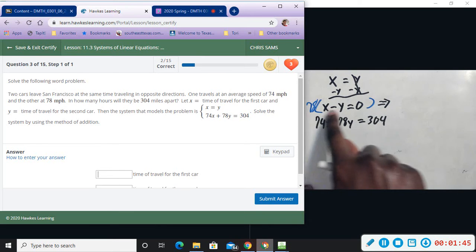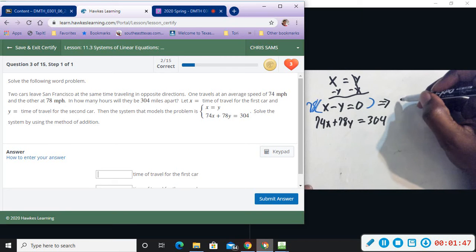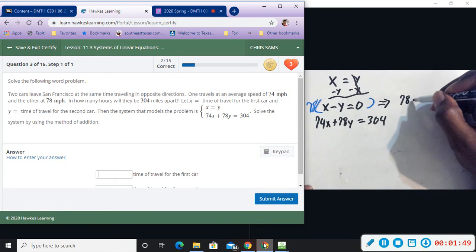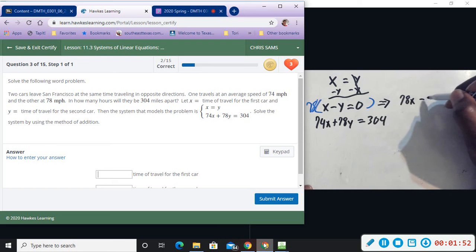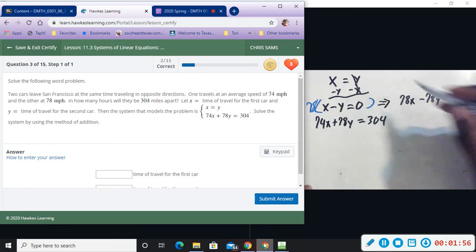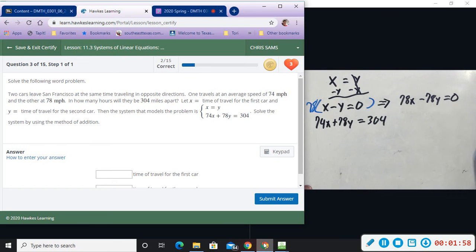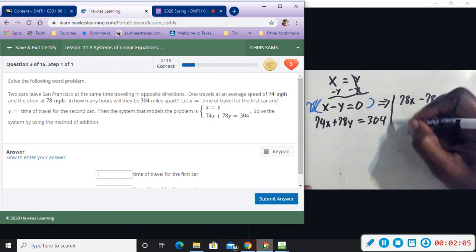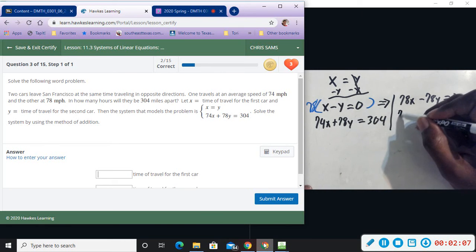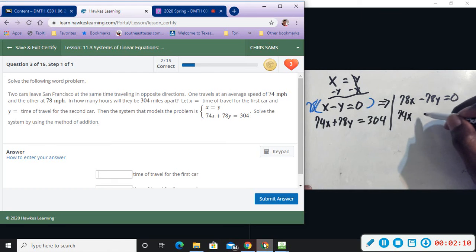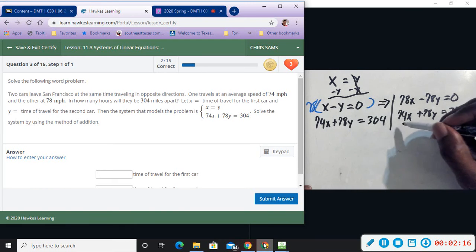So multiplying everything by 78 gives me a 78x, and then minus 78y, and then 78 times 0 will still be 0. All right. And then this bottom equation, we're going to leave it exactly the same. So we're going to have 74x plus 78y equals 304.